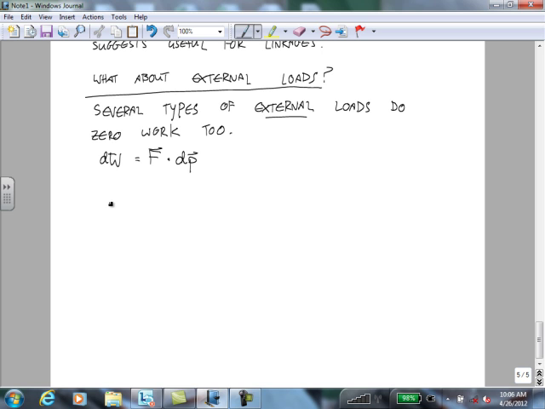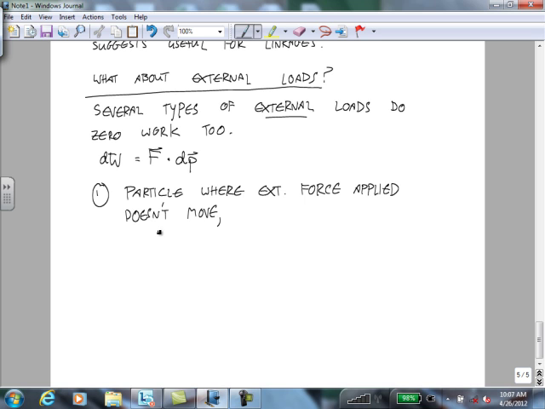So if the particle where an external force is applied doesn't move, then dP is a zero vector, and so there's no work done. Okay.